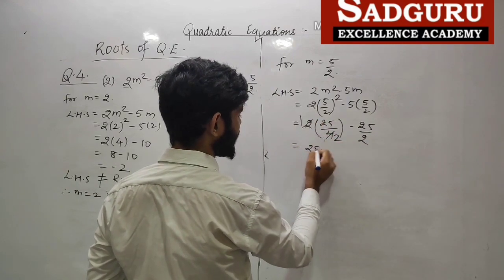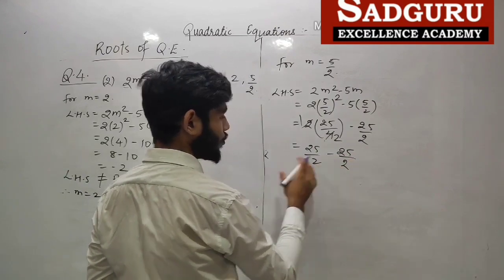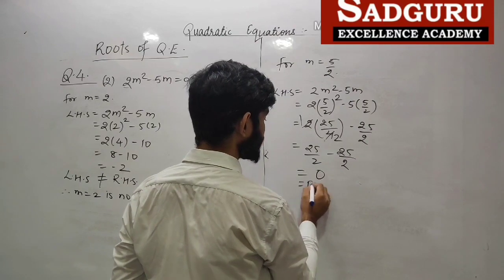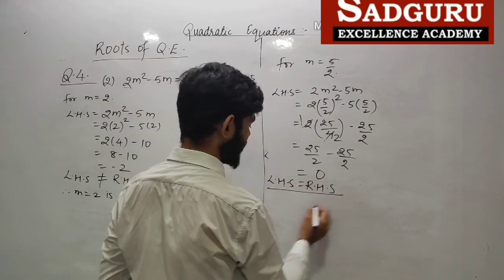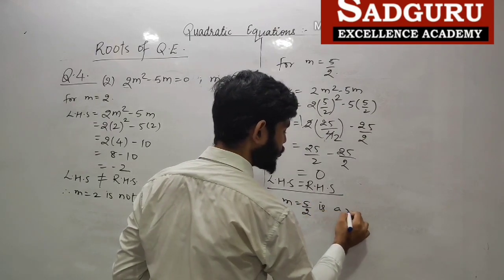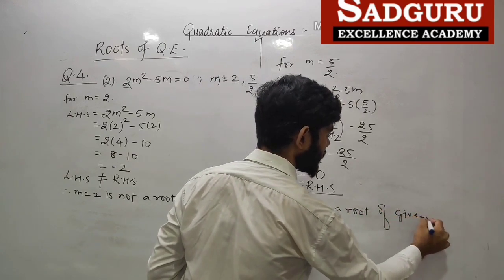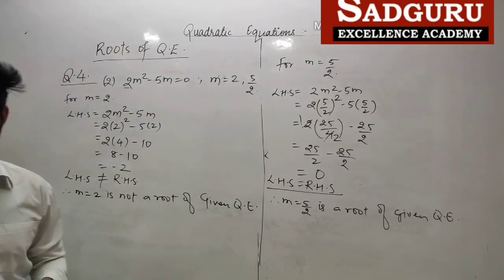So we have 25 by 2 minus 25 by 2, both the terms the same but opposite sign. So it becomes 0, which is equal to RHS. So we have LHS equals RHS. Therefore, m equals 5 by 2 is a root of the given quadratic equation. So here we are done with this question.